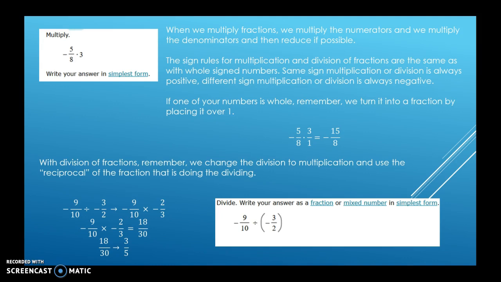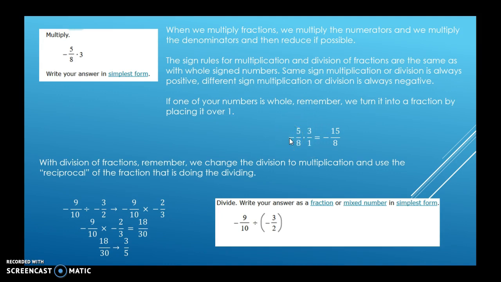Now, when you're multiplying fractions and one of the numbers happens to be a whole number, we can always turn a whole number into a fraction by placing it over 1. So this 3 is the same as 3 over 1. So we have -5/8 times 3 over 1. We multiply the numerators.